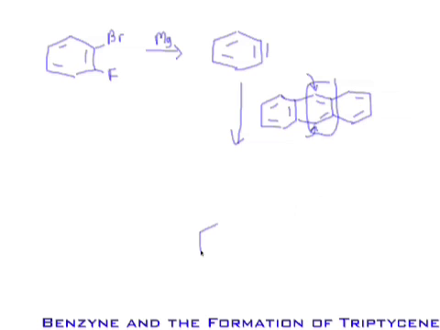And indeed, it does happen. And you produce the molecule triptycene in 28% yield.